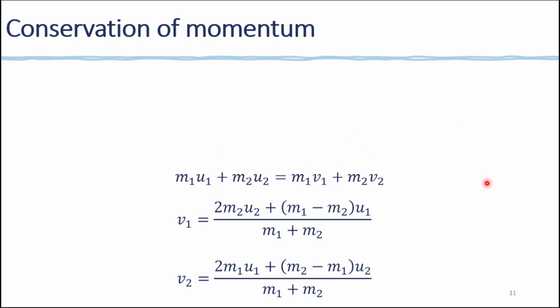So these are the two equations. You can see that in each of these equations, we're isolating the post-collision velocity, either of object 1 or object 2. So there are two separate equations for each of the post-collision velocities.